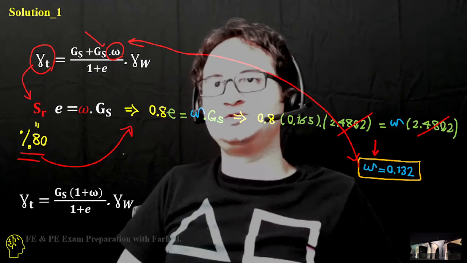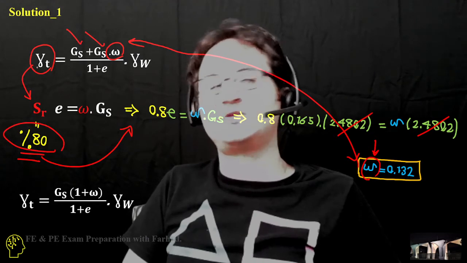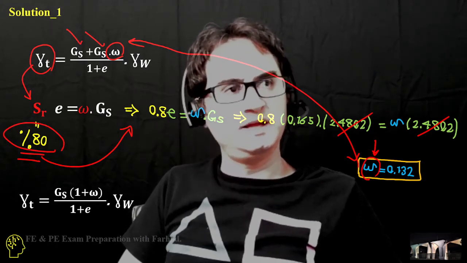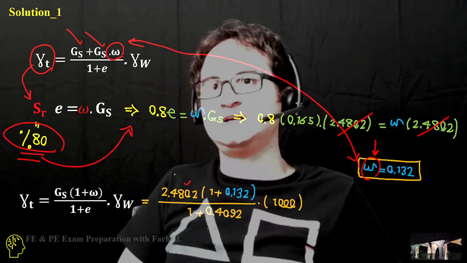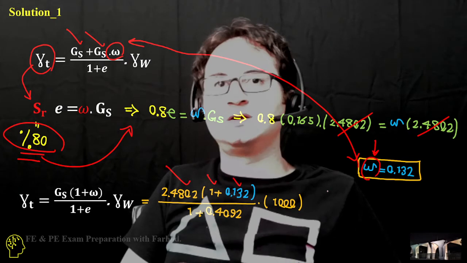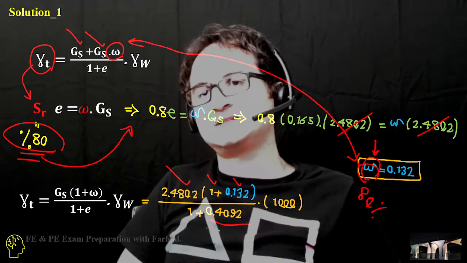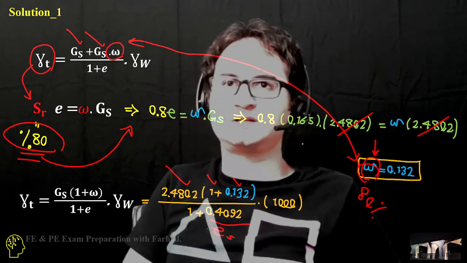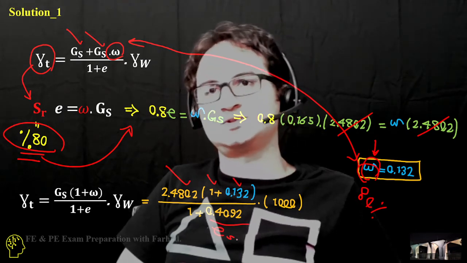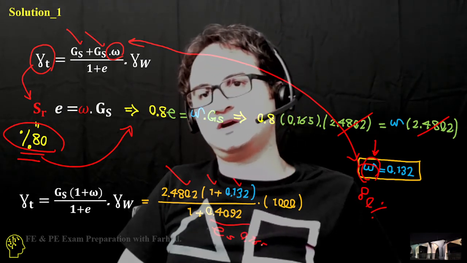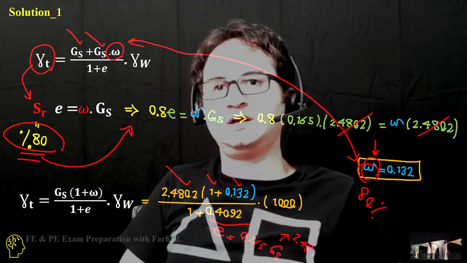If we use the moisture content based off 80%, we can easily solve the problem for the 80% saturated unit weight. So gamma T is equal to GS, which we already calculated, times 1 plus the moisture content for 80% saturation, over 1 plus E, and E is nothing but 0.165 times GS, where GS is 2.4802.